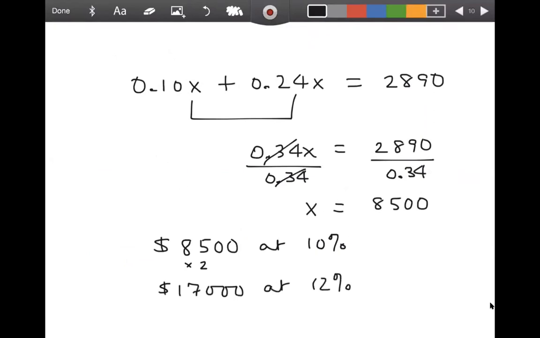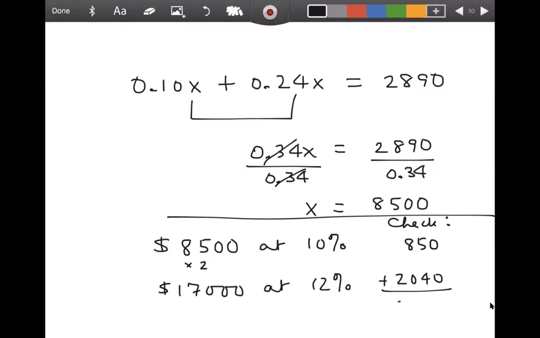This one is also very easy to check. Just figure out what is 10% of 8,500, it's 850. And then 12% of 17,000 is 2,040. Those two amounts do add up to $2,890.